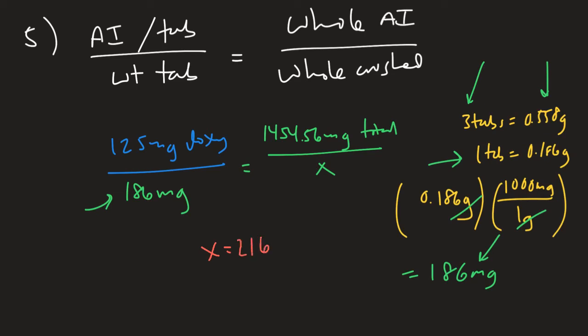X is 2164.4 milligrams of crushed powder.